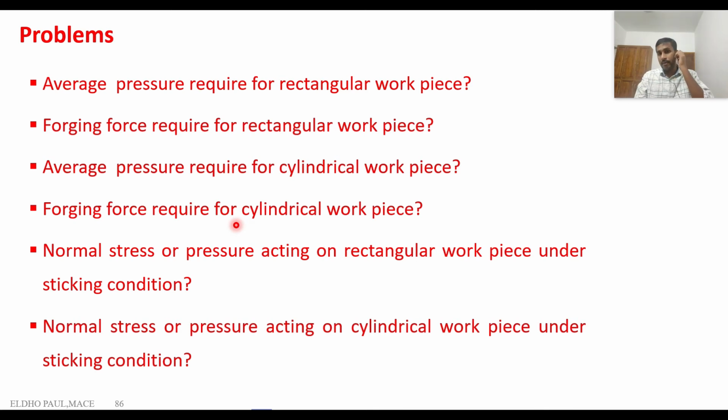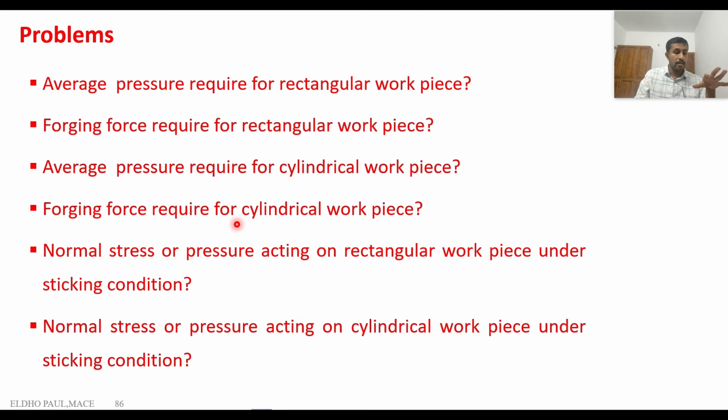So far we discussed three analyses. The first one was the plane strain condition of a rectangular workpiece. The second one was the derivation for a cylindrical workpiece, the forging load and average pressure or pressure distribution of a cylindrical workpiece. The third one was the sticking condition.